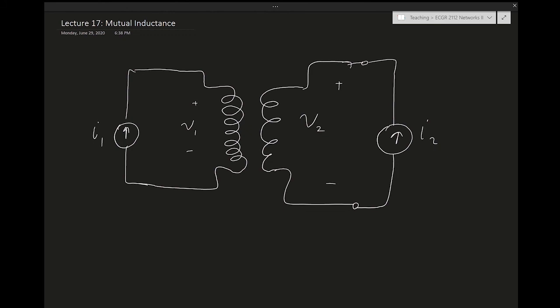The key concept here, which applies to both self-inductance and mutual inductance, goes back to basic physics. The current, due to Ampere's law, leads to a magnetic flux. Magnetic flux is just a magnetic field distributed over an area.